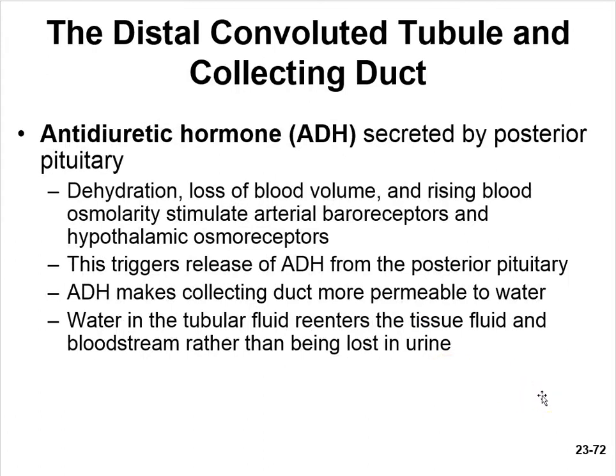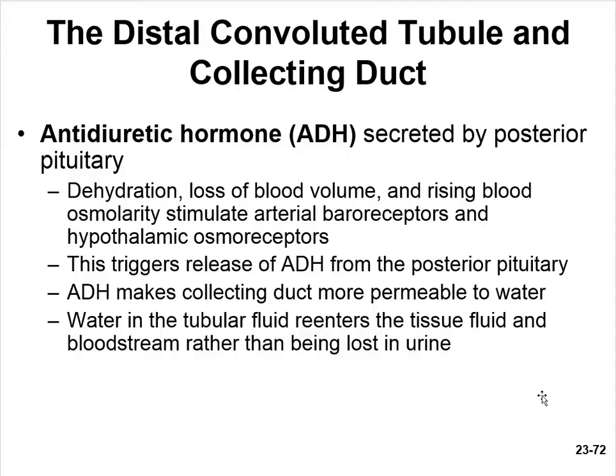Antidiuretic hormone, remember, is secreted by the posterior pituitary. If you are dehydrated, or there's a loss of blood volume, and blood osmolarity rises, it stimulates the arterial baroreceptors and the hypothalamic osmoreceptors. This triggers the release of ADH from the posterior pituitary. ADH makes the collecting duct more permeable to water.